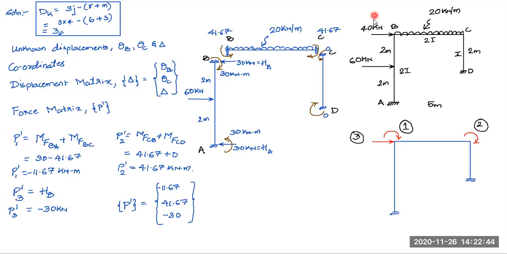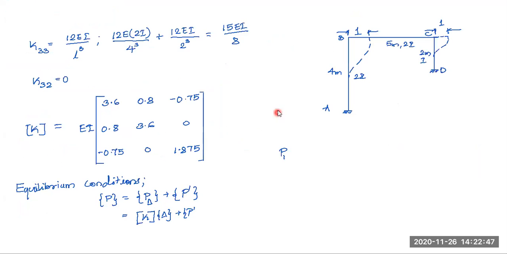So I can write P1 is equal to 0, P2 is also 0, and P3 is 40 kilonewtons. This gives me my P matrix: 0, 0, and 40.